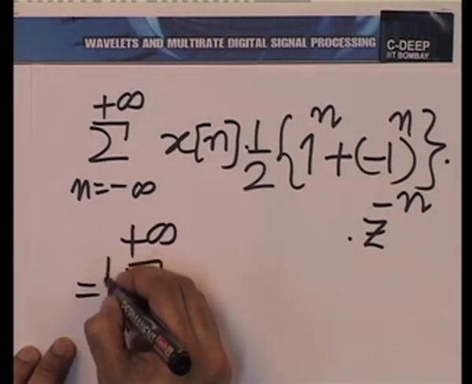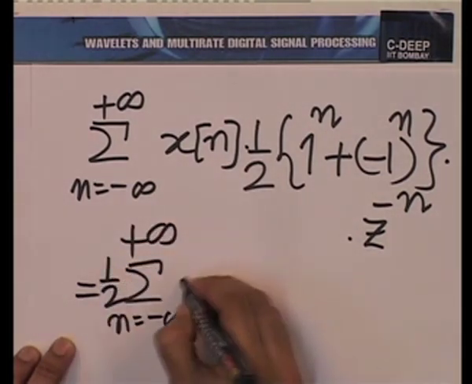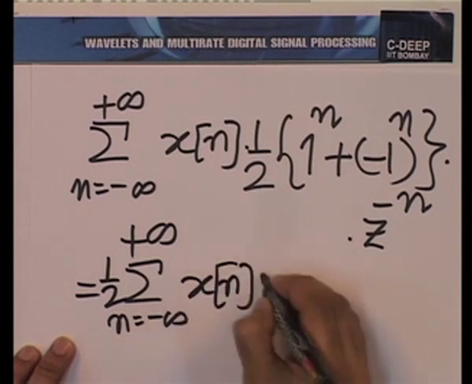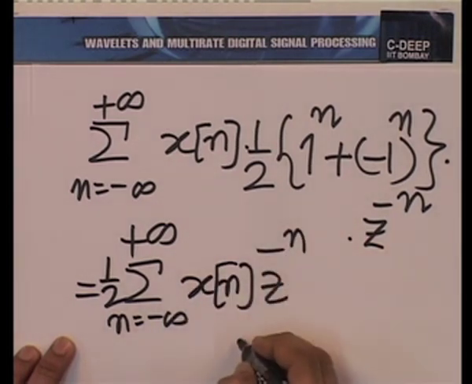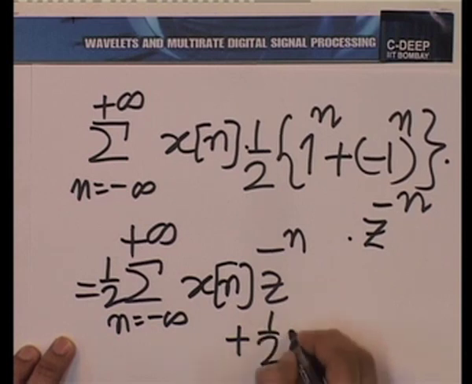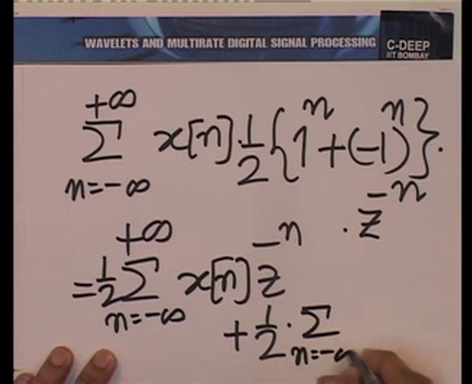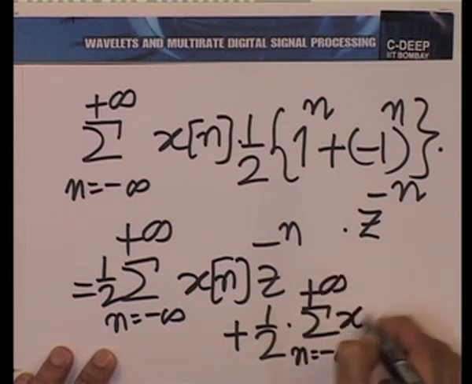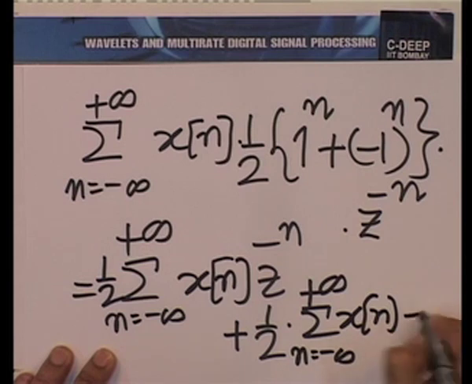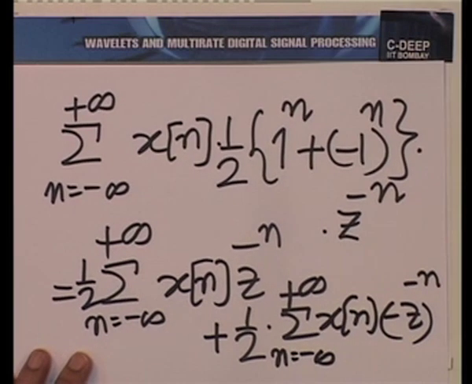Of course, half can be brought out everywhere, x n z raised to the power of minus n plus half summation over all n from minus to plus infinity x n minus z raised to the power minus n.